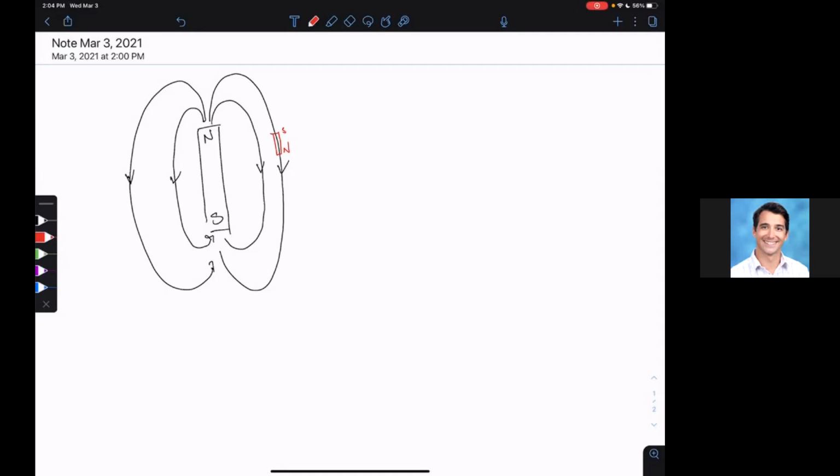So we also talked about the fact that compasses have magnets. The needle of a compass is actually just a magnet, and you usually see them like this, and the colored end is north.